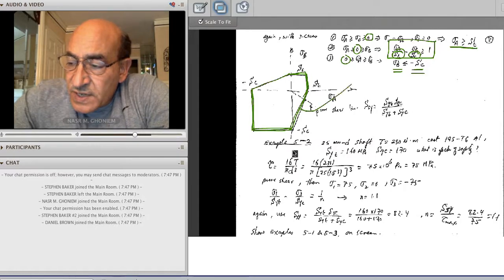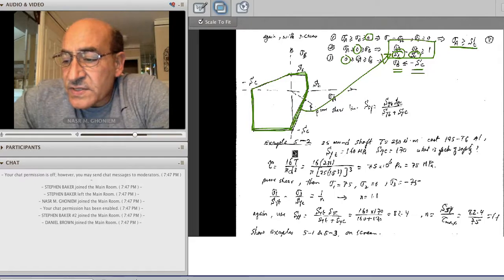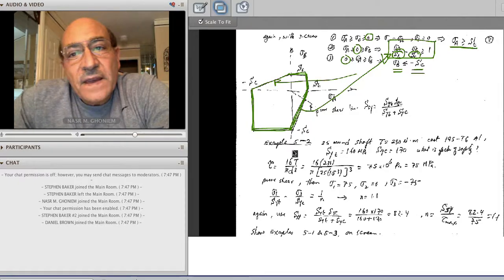So the equation of this straight line is right here. This equation here is the equation of this straight line and also the equation of this straight line. So this is the equivalent for quadrants 2 and 4 of the maximum shear theory.